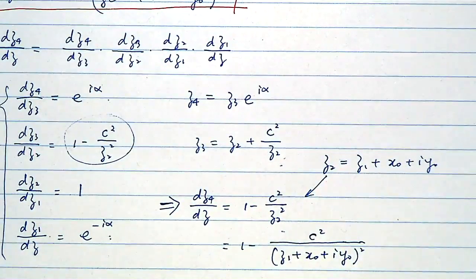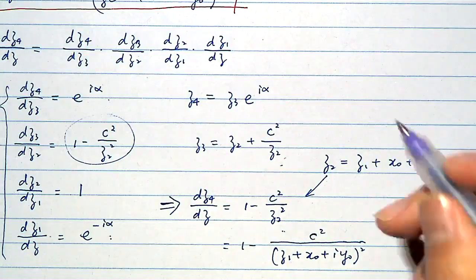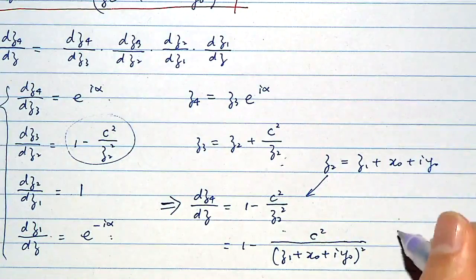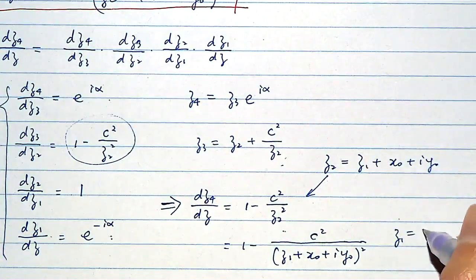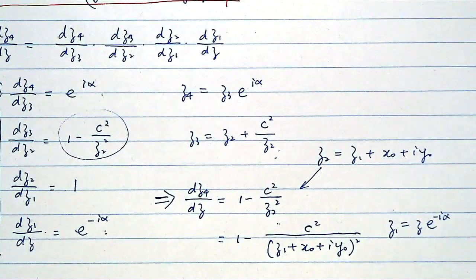But here I want to say that I don't want z1 either. I need to get rid of that and put z in the equation. So similarly, z1 equals z times e^{-i alpha}. This is the first rotation we applied to the flow. So we substitute that into this equation.